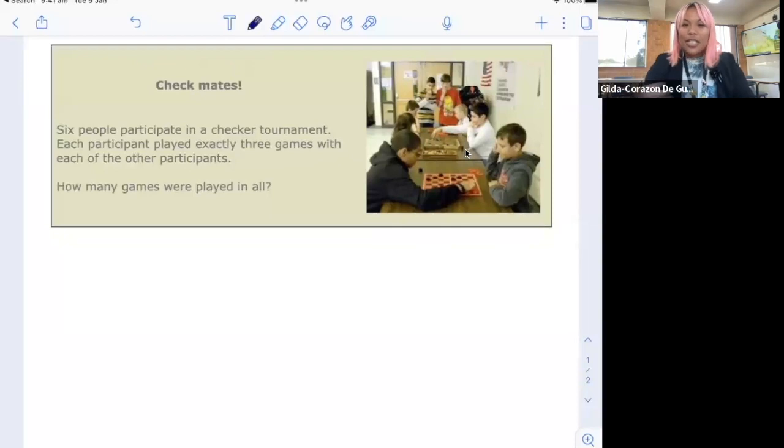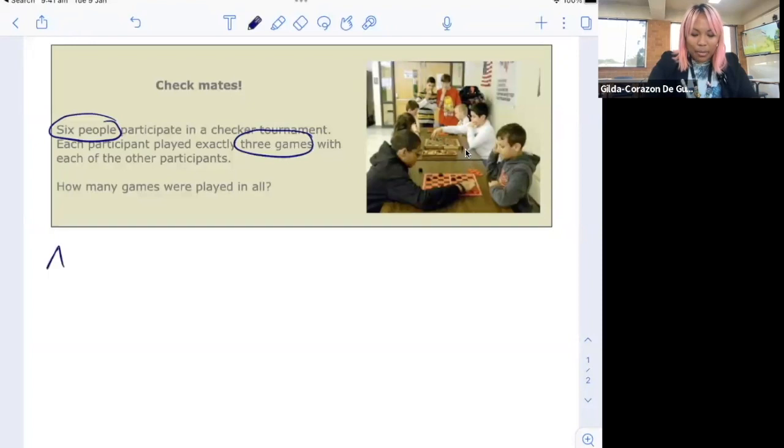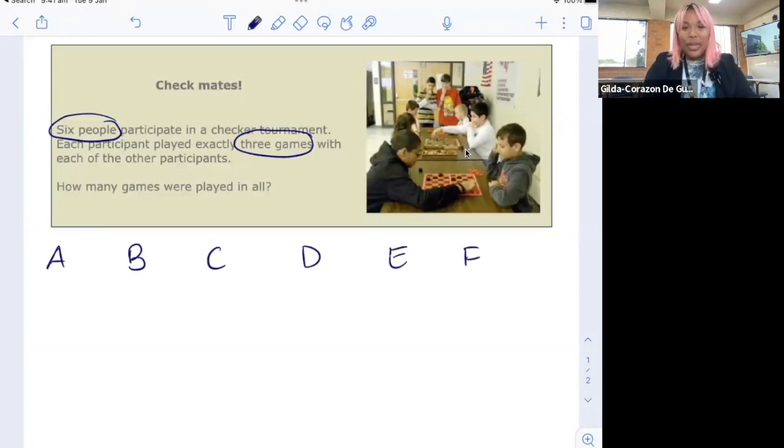Okay, so the first thing that I like to do is point out the numerical values and what they represent. For example, the first part here, we've got 6 people and they played 3 games each. If we had the 6 people, we could give them all names, but just to make it a little bit easier, I'm going to name them A, B, C, D, E, and F. So we've got 6 people there.